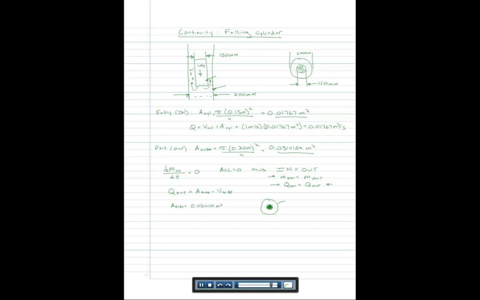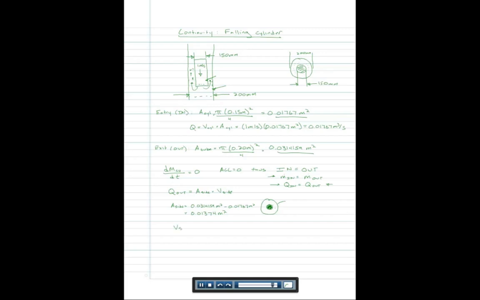0.0314159 meters squared minus 0.01767 meters squared. So the area that the water can actually flow through is 0.01374 square meters.